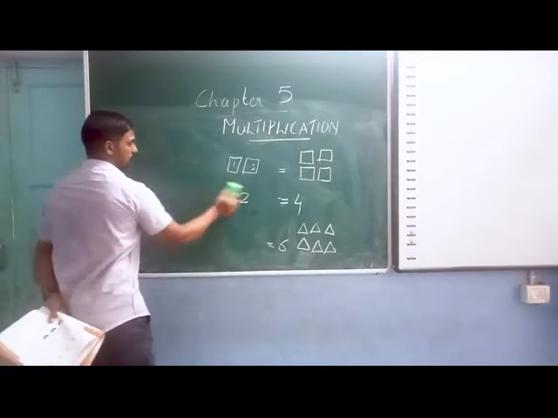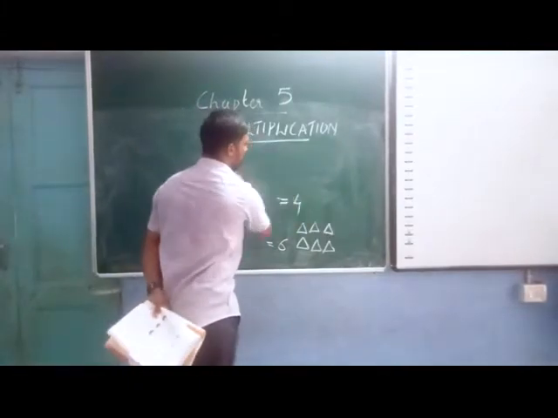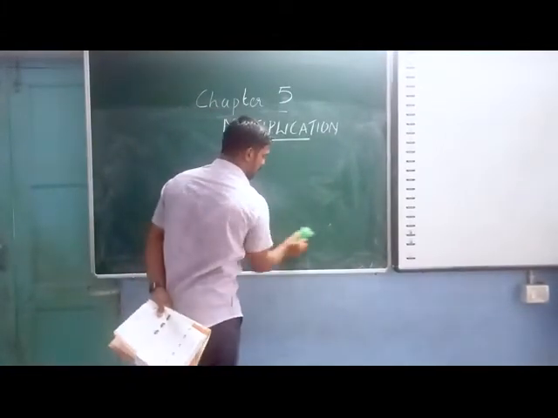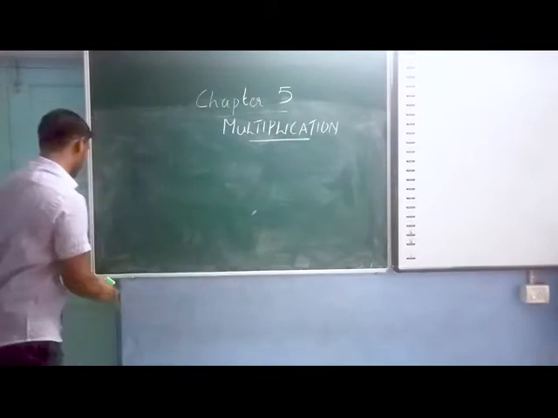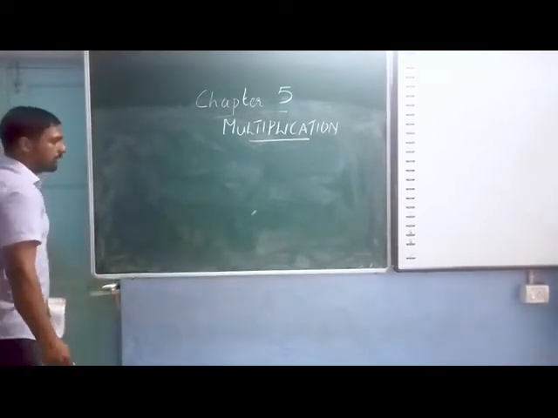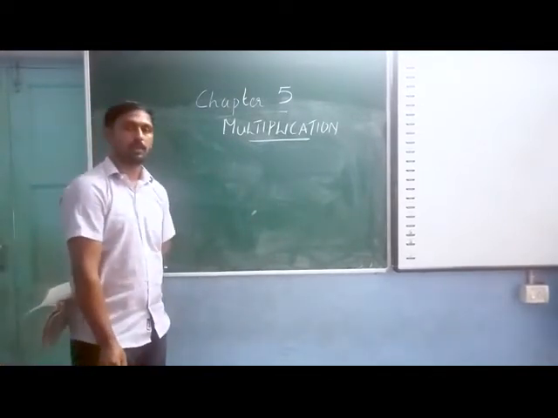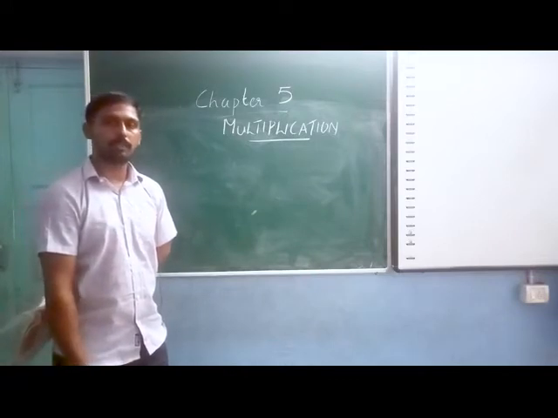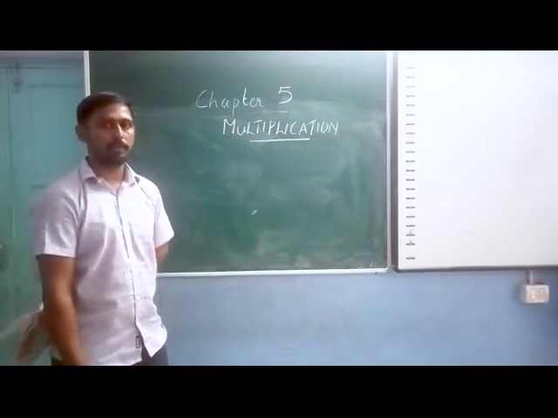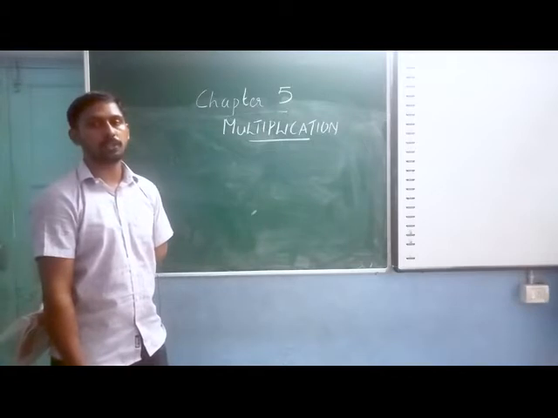Okay, so we are going to learn the multiplication table, or multiplication, with the first method, which is called repeated addition of numbers. So, the first method we are going to learn for multiplication is called repeated addition of numbers.